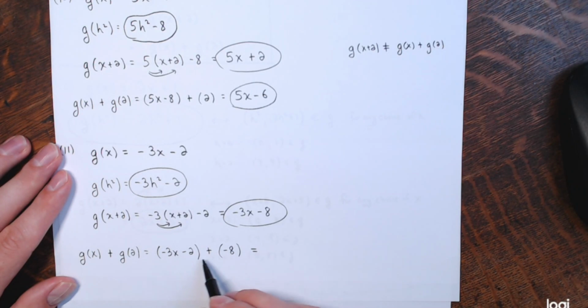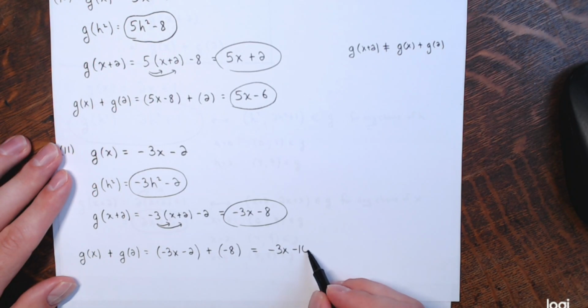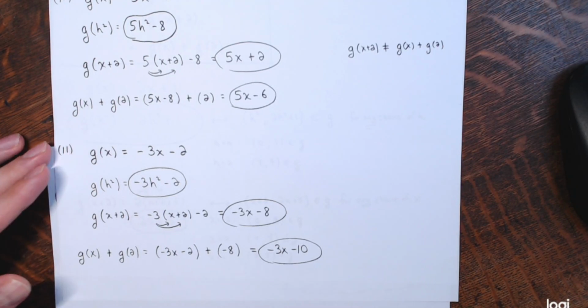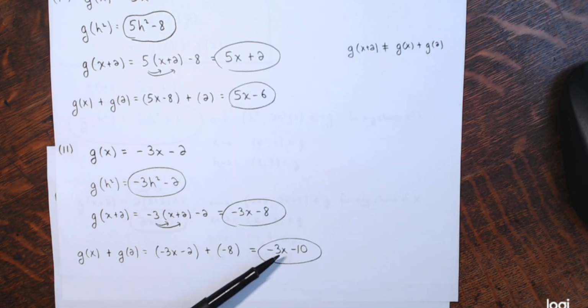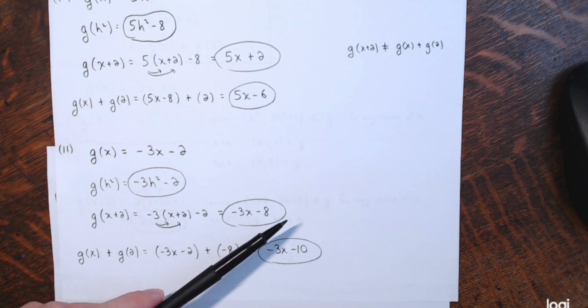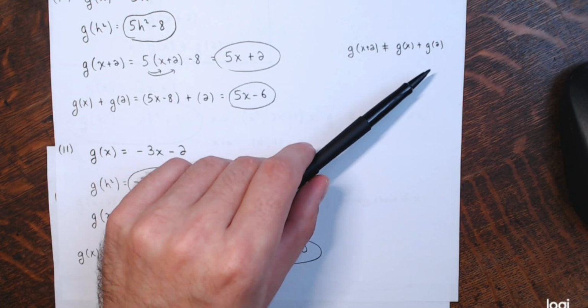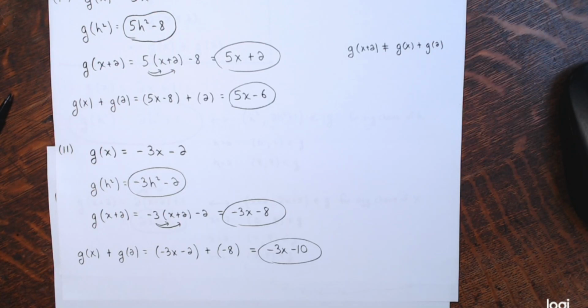Putting these like terms together, we'd have negative 3x minus 10, right? Minus 2 plus negative 8 is minus 10. And there you go. And notice yet again, these are not the same. Right? That's going to happen quite often. Again, reinforcing the fact that you can't distribute function names or function notation.